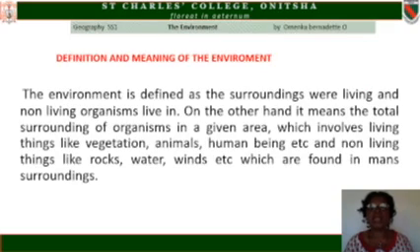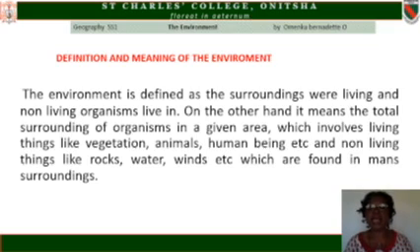Now, let's go into detail. The first subheading is definition and meaning of the environment. The environment is defined as the surroundings where living and non-living organisms live in.